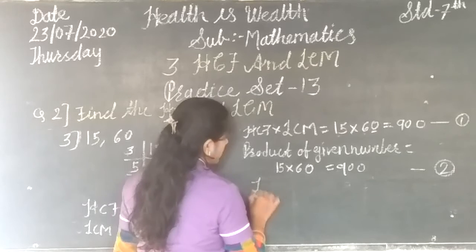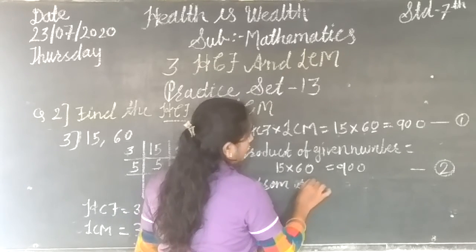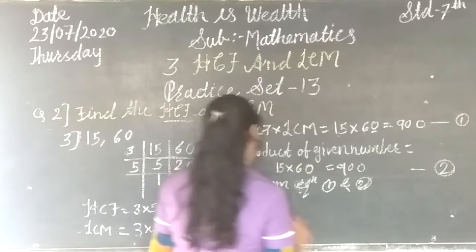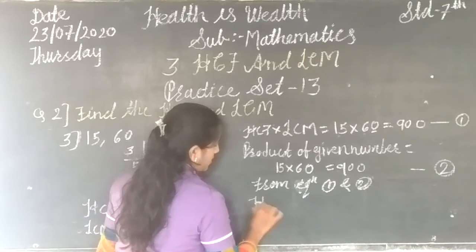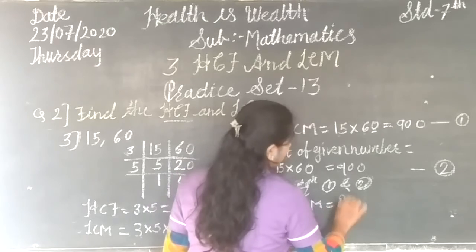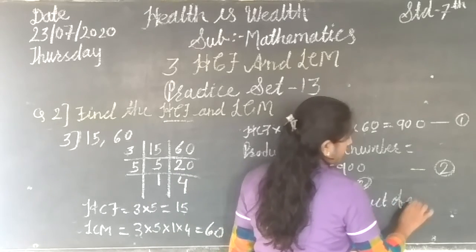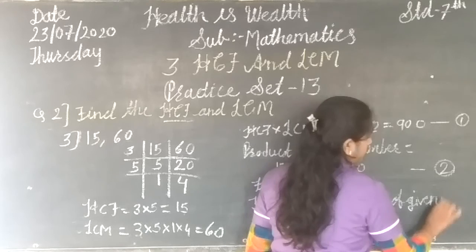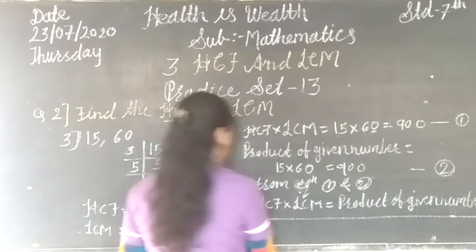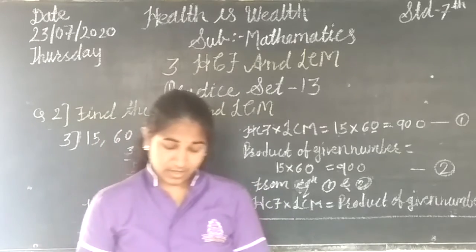Right? So from equation 1 and 2, HCF into LCM is equal to the product of the given numbers. Like that you have to solve all your questions and answers.